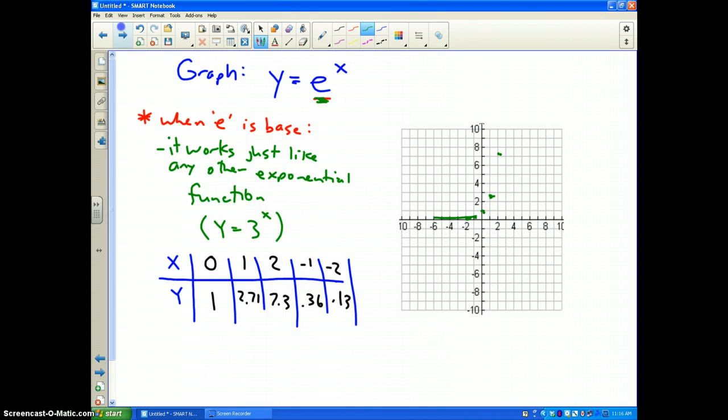And you're going to notice it looks just like one of our exponential models. It has an asymptote of the line right there. So it works very similarly to what we've already encountered in this unit. And that is the base E and how you use it a little bit as far as exponential equations.